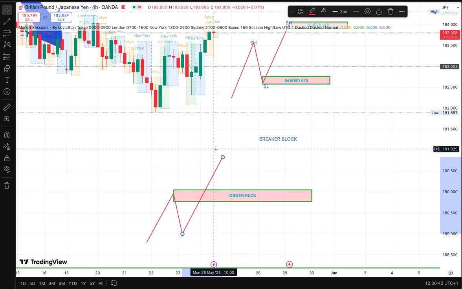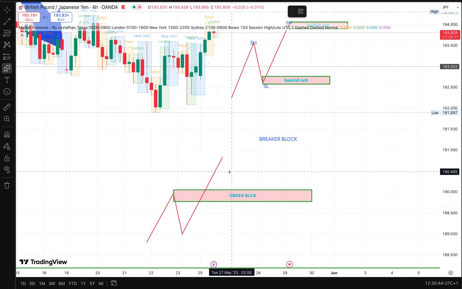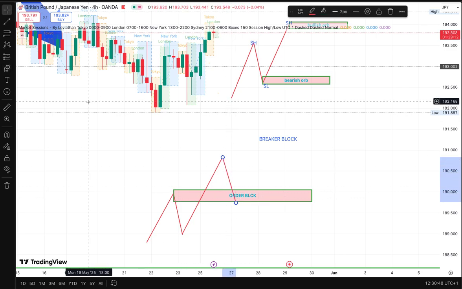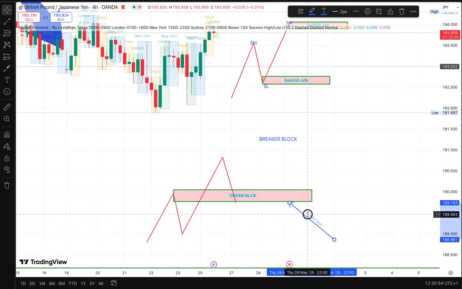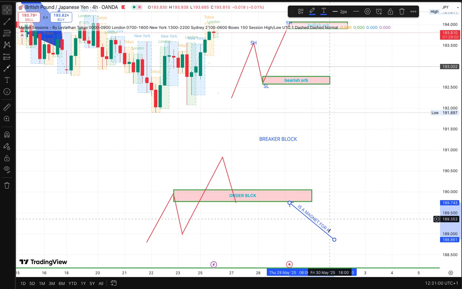When the order block is broken through, what I'm expecting is a reversal to that point of the block, because this area is a magnet for price. This order block that I drew initially is a magnet for price reaction.